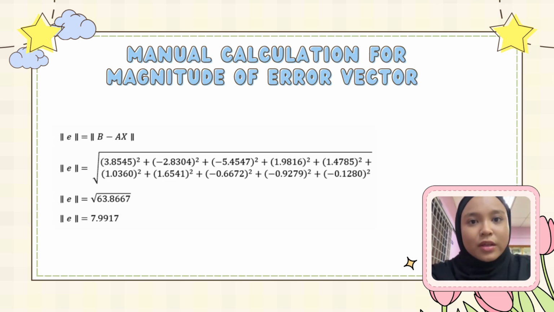Finally, we take the square root and get the magnitude of the error vector equal to 7.9917. This value shows us the size of the error. The smaller it is, the better our model is at predicting the actual values.